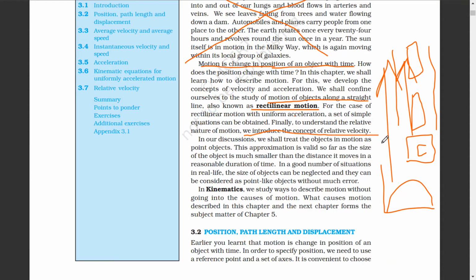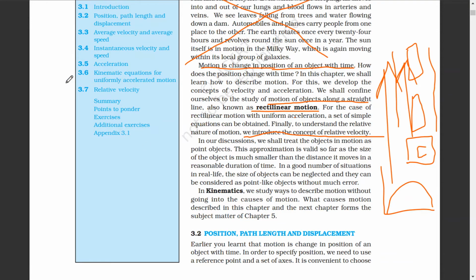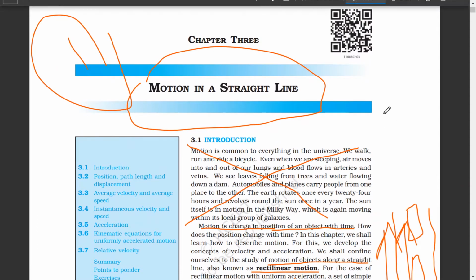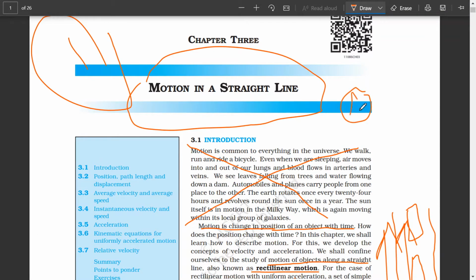So, what is the relative velocity? The relative velocity is a velocity with respect to something. Example, if there is a body A and there is a body B, if this is moving in this direction and this is moving in this direction, it has some velocity v, this has some velocity u.